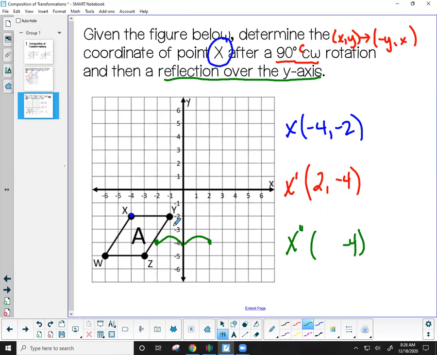What ends up changing is my x value. It's going to be the opposite sign, so it's going to become -2. So after I rotated it and did my reflection, point X is now at (-2, -4). Any questions about that?